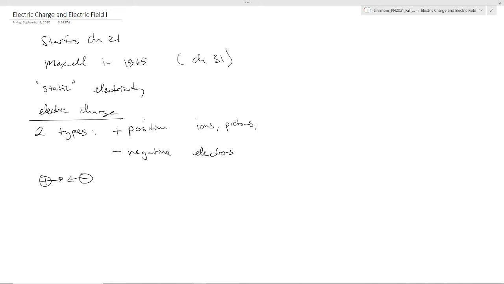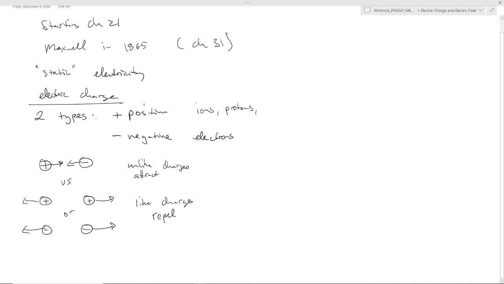In other words, unlike charges attract, in contrast to if you have a couple of positive charges or a couple of negative charges, like this, they're going to repel each other.